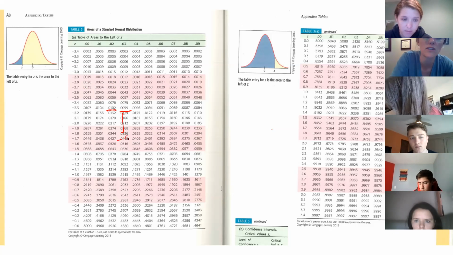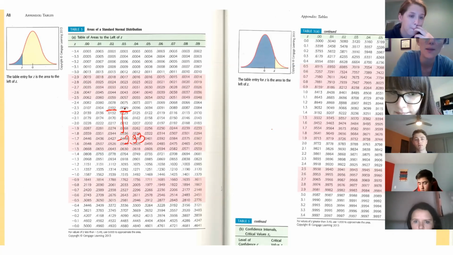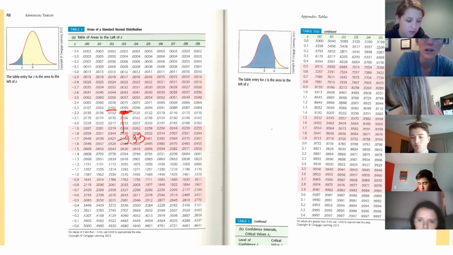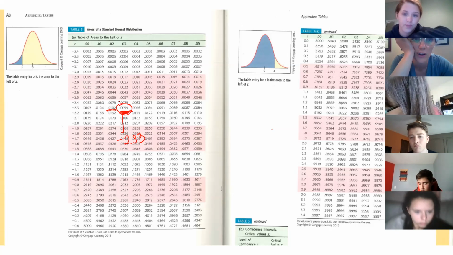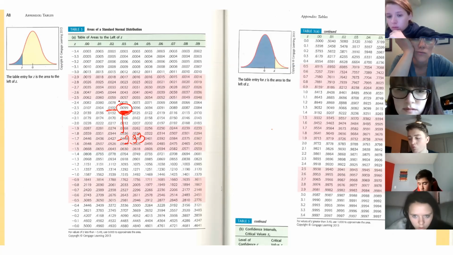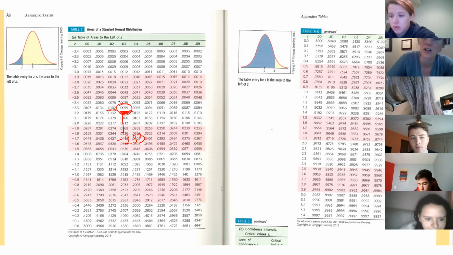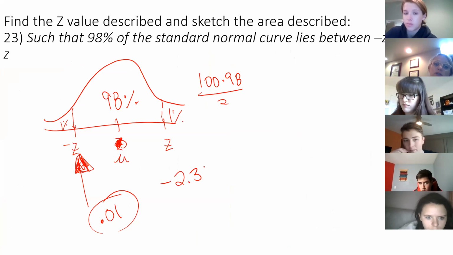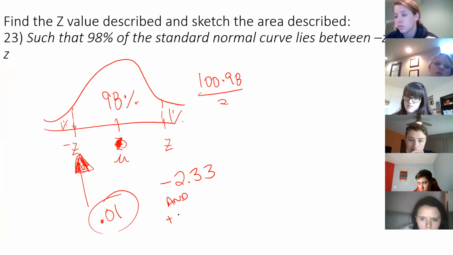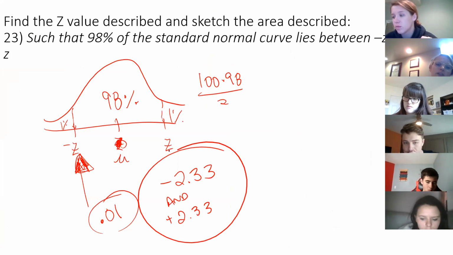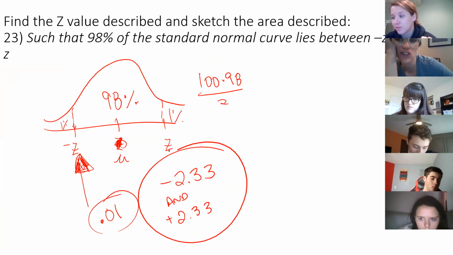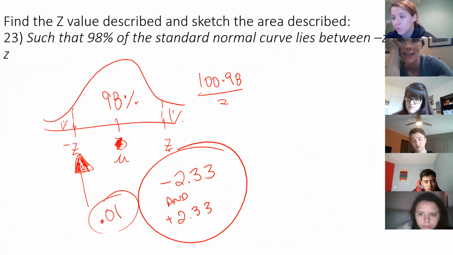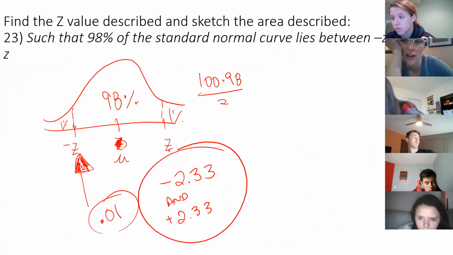So the value that goes with this is negative 2.33, and this is only just a little bit below. So we're going to pick negative 2.33. And that's the answer. So if we were going to go back, it would be negative 2.33 and positive 2.33. So you put positive too? Yeah, because you're trying to find the negatives. Like in the problem, it says the negative z and the positive z, but you found the negative one, so the positive one's just going to be the positive version of that.